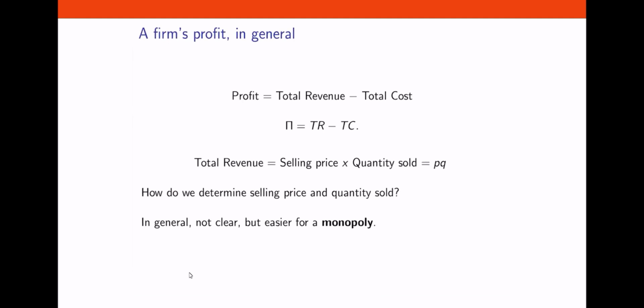Now, the question, remember, and this is important, the question that we asked right at the start is, what value of the quantity will maximize the profit? To understand that question and to be able to answer it properly, we need to know how the profit changes as a function of that quantity Q. And there's an issue here, because this P, the selling price, might not be a fixed number.